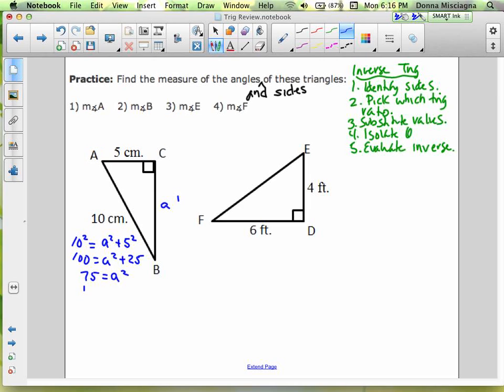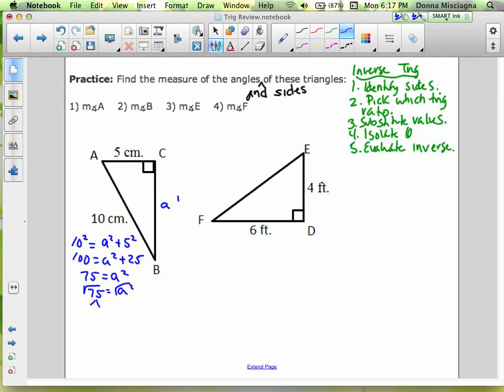And then we're going to take a square root of both sides. Now we can simplify the square root of 75, right? And we know it's not a prime number, so it's certainly divisible by 5. So we may as well see if we can also simplify that radical.